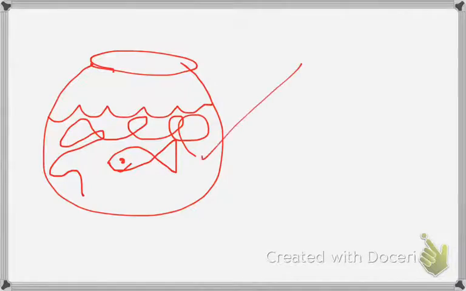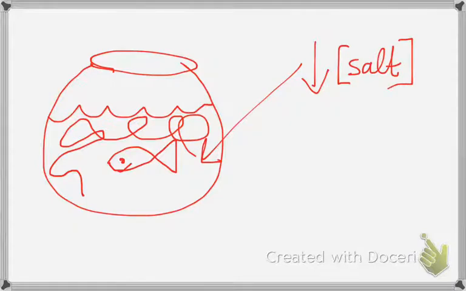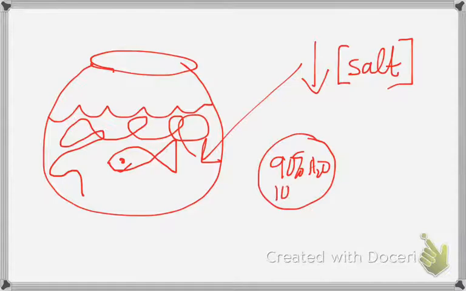The water that I used for the fish was so pure that it actually had a lower salt concentration than the fish's cells. So here's the poor fish's cells, and maybe that cell is 90% water, 10% salt, but I put it into a solution that was probably 95% water.